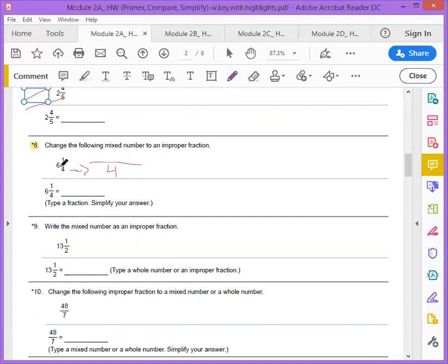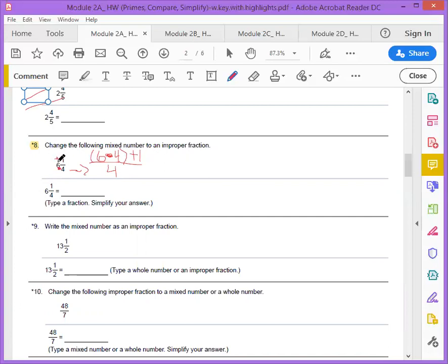To get our numerator, what we do is we multiply the whole number times the denominator. So I'm going to put that in parentheses, 6 times 4. And then we add the numerator. Our numerator is 1.